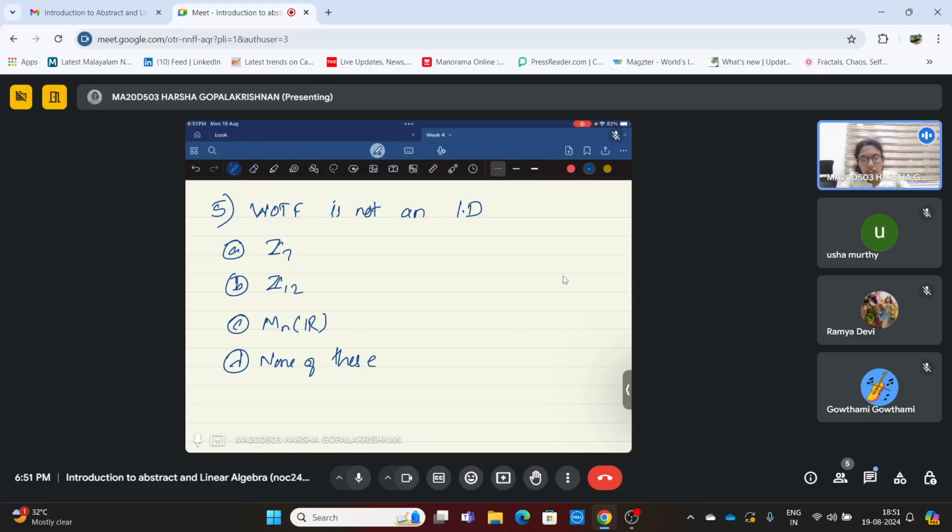So the question is, which of the following is not an integral domain? Any idea?